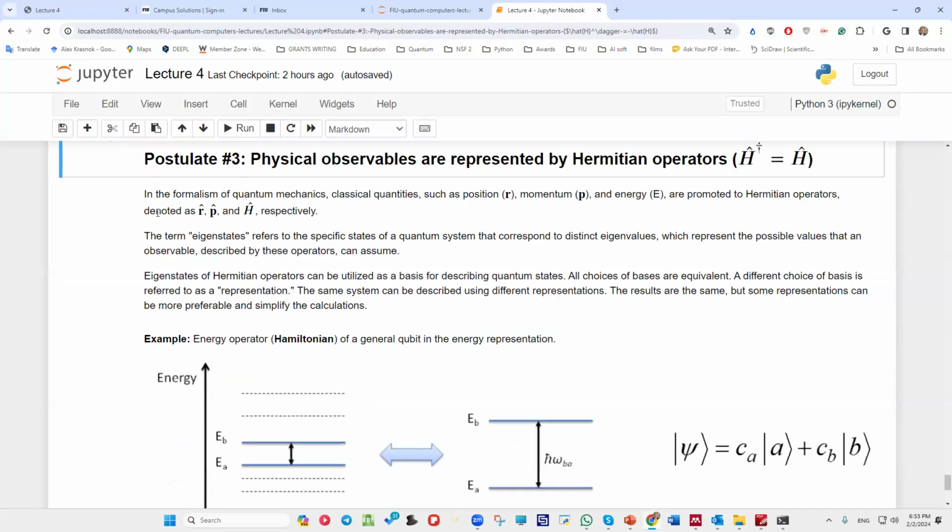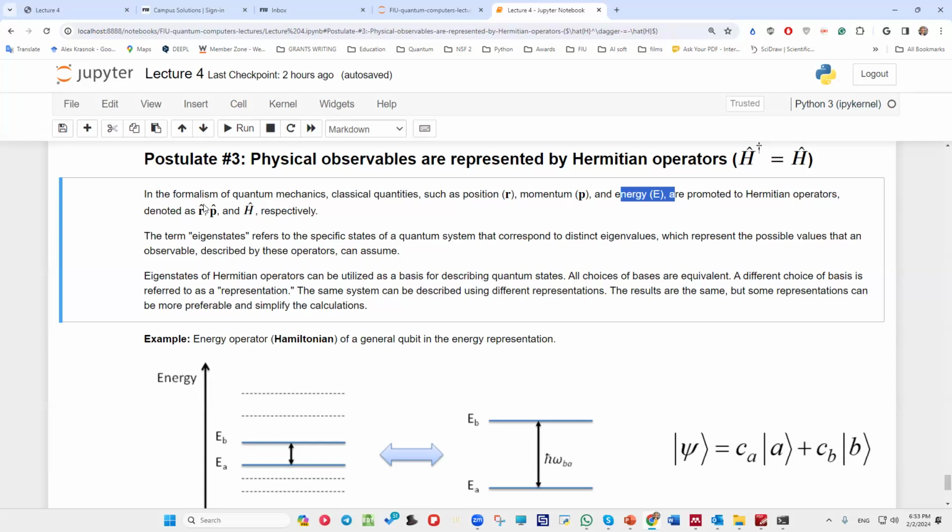So this is basically said here. For example, in classical physics we have quantities like position, radius vector, momentum, the energy. In quantum mechanics, we say that we promote these quantities to Hermitian operators.